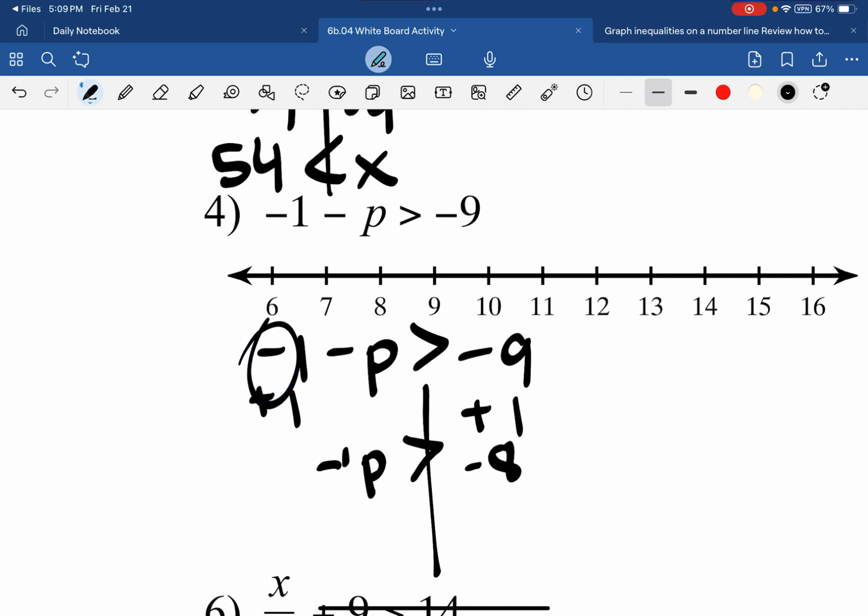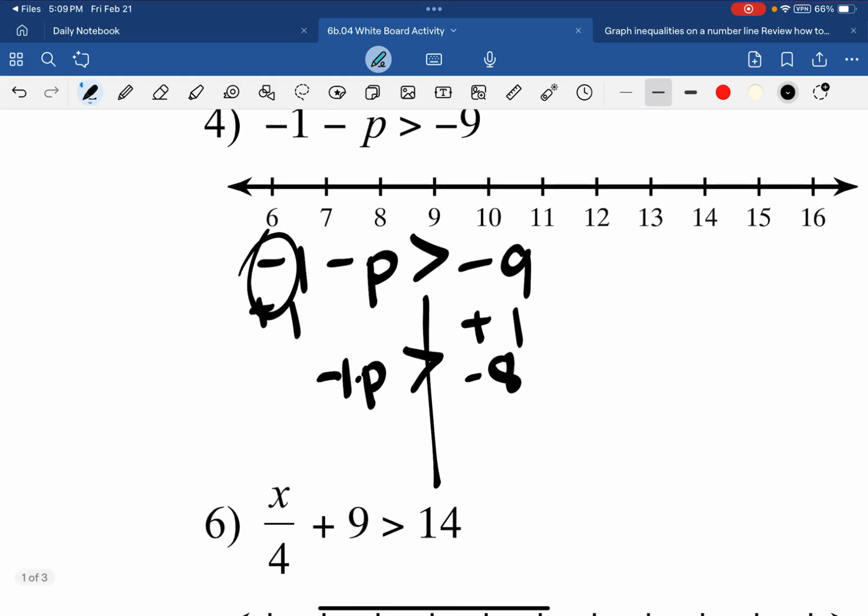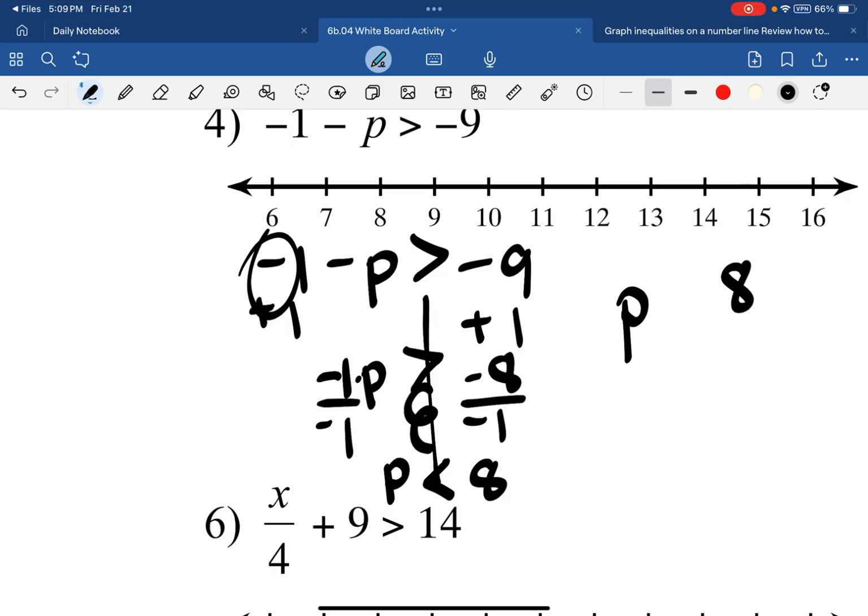This is technically a negative 1p, so we're going to divide both sides by negative 1, and that becomes p. This is going to switch because we divided by a negative. So this is now going to flip over, and this is going to be 8. I do not have to flip the entire inequality because p is already on the left.